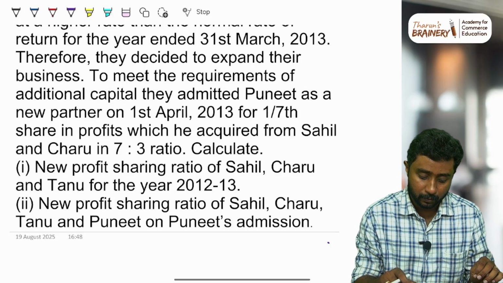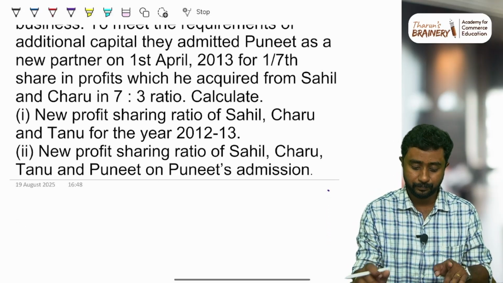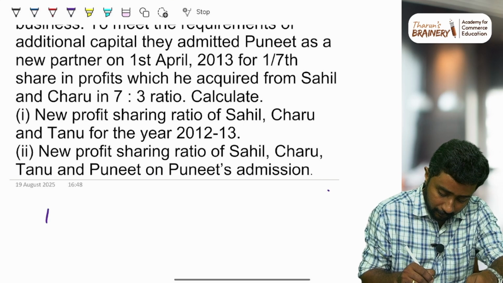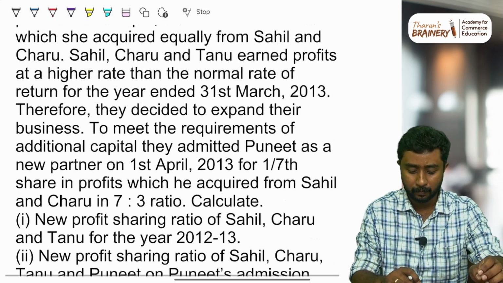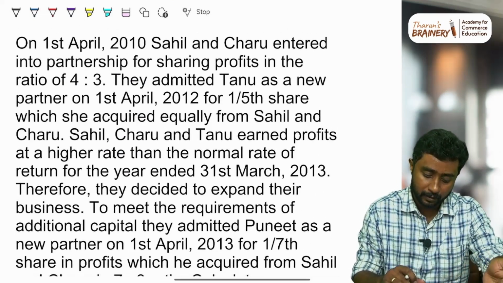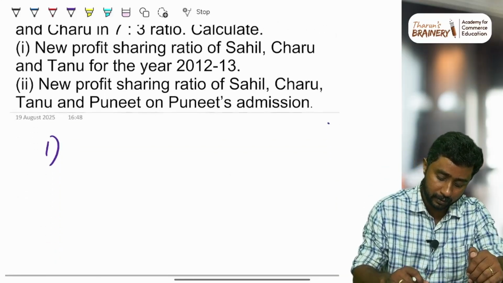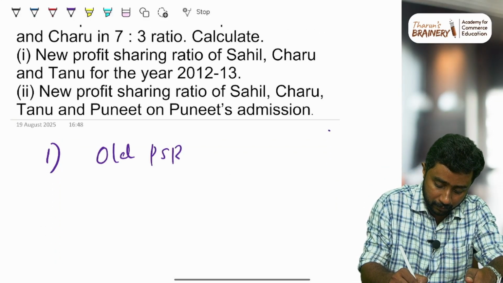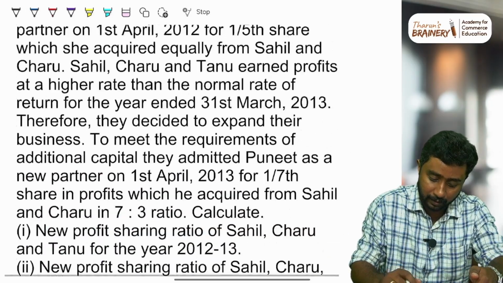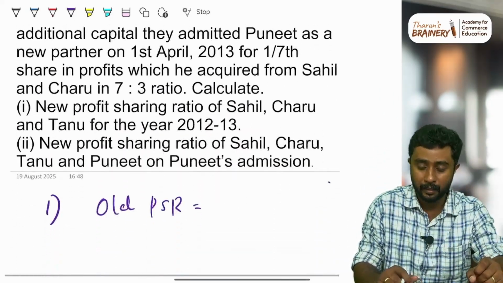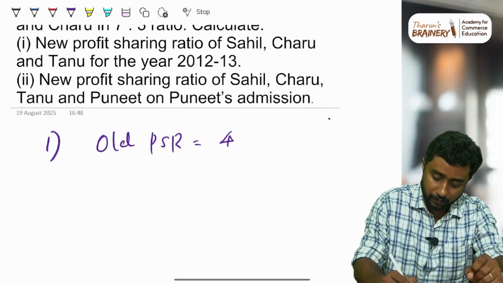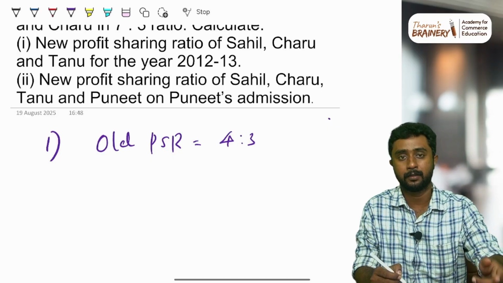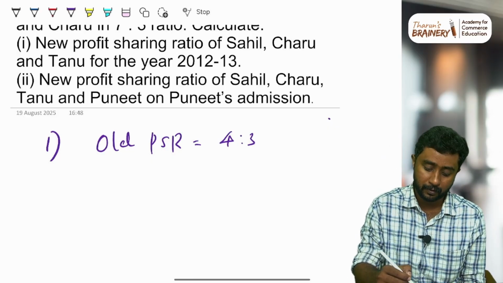We'll start with the first question, so that along with that we can discuss the topic. As you can see, Sahil and Charu were already there, so we can call that ratio the old profit sharing ratio. Only these two people were there in the initial stages, so we write 4:3 there because the old profit sharing ratio is 4:3.